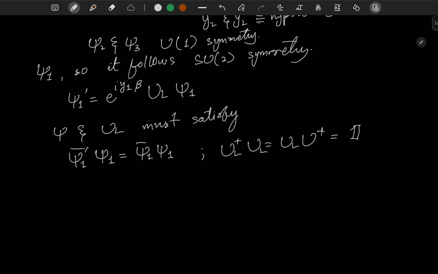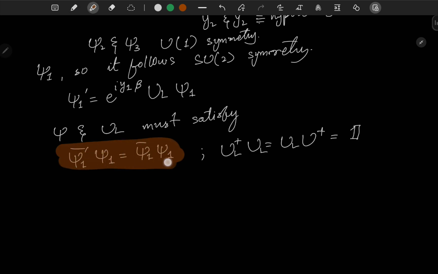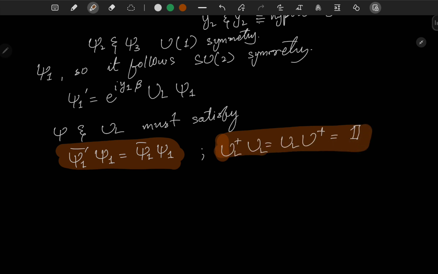In order to satisfy the global transformation, psi should follow this, and the unitary matrices UL should also follow this relation.